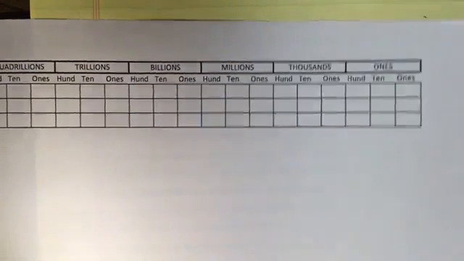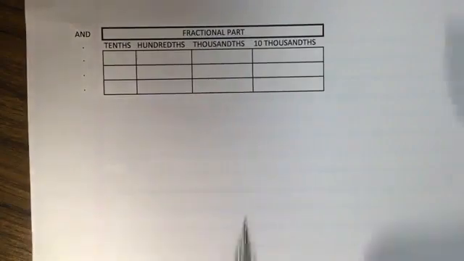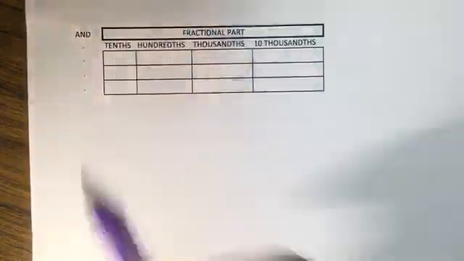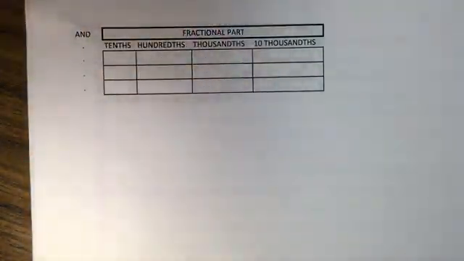And fractions come after the decimal. And when you're speaking it, it's the word and. And tells you there is a decimal, and what follows it is the fractional part of the whole number.